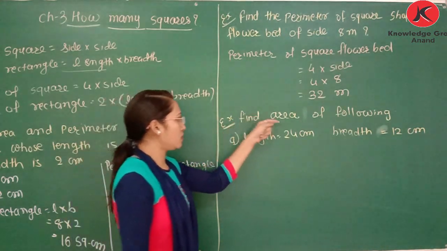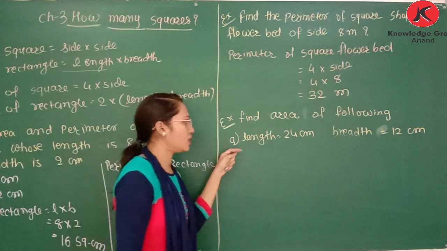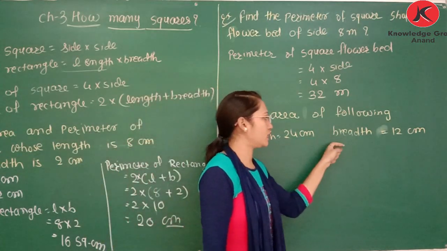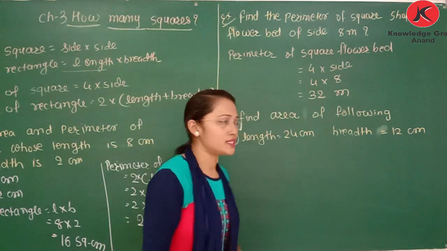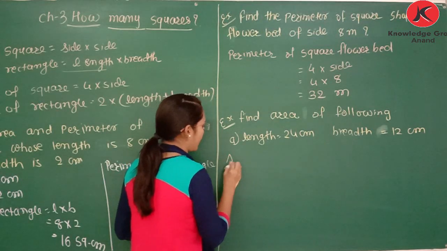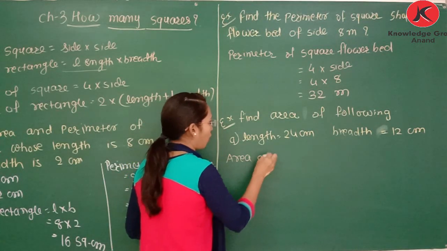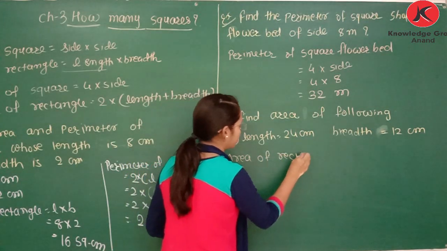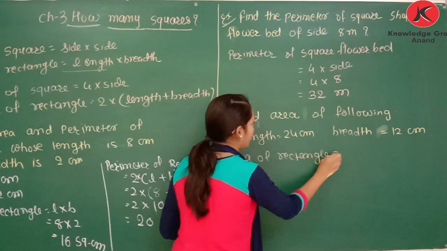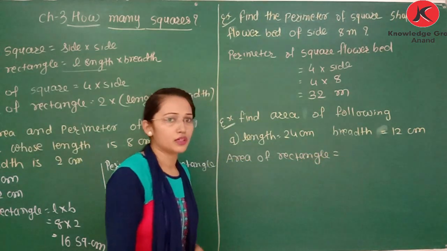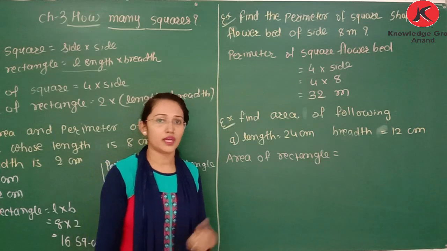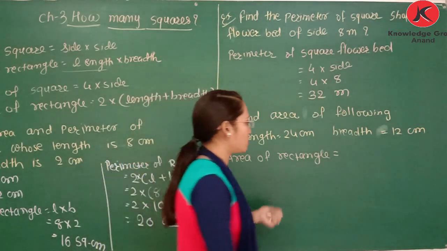Next is find the area of polygon. So here first is length is equal to 24 and breadth is 12 centimeter. So area of rectangle. Why is it rectangle? Because length and breadth are different. If length and breadth are same, then it will be a square.